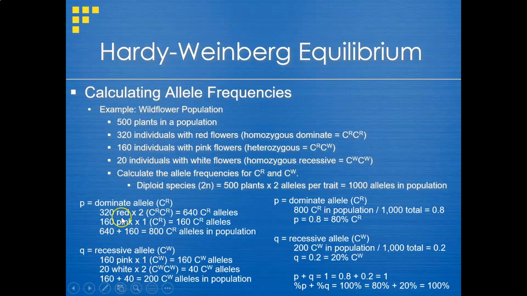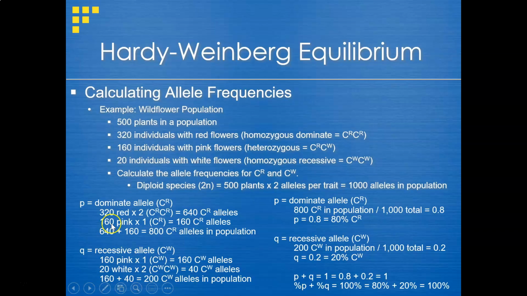So 320 red, based on the way this inheritance works with incomplete dominance, all those red individuals have to be homozygous dominant, which means they're contributing 2 copies of that dominant allele. As a result, from those individuals collectively, 640 dominant alleles are being contributed to the population. I also have 160 pink flowers. And again, because this is incomplete dominance, that means I know that those pink individuals are heterozygous.